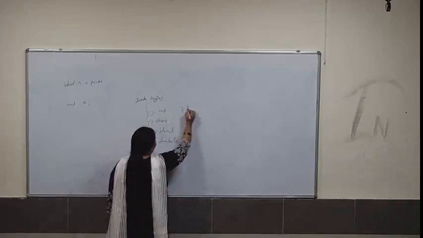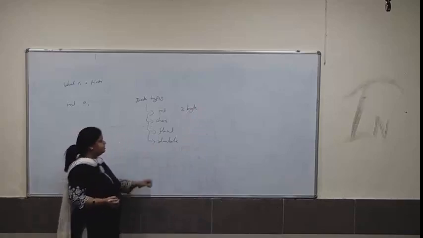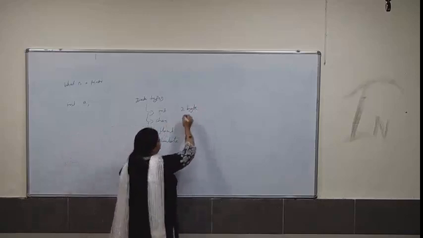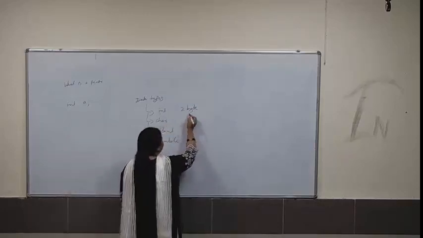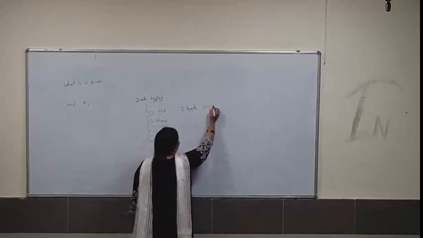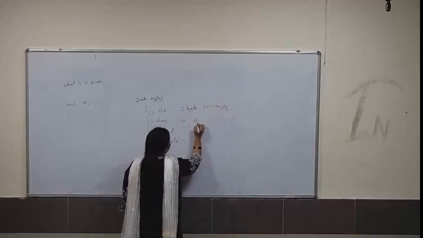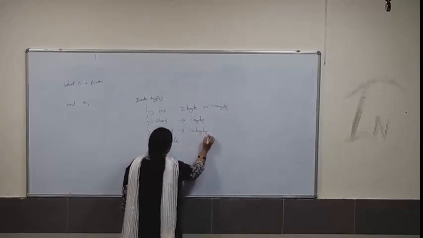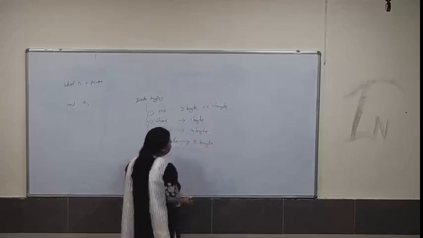That is 2 bytes, and the size of the data type depends on the compiler also. In some cases the compiler takes 2 bytes for the integer or 4 bytes. Similarly, character takes 1 byte, float takes 4 bytes and double takes 8 bytes in memory.